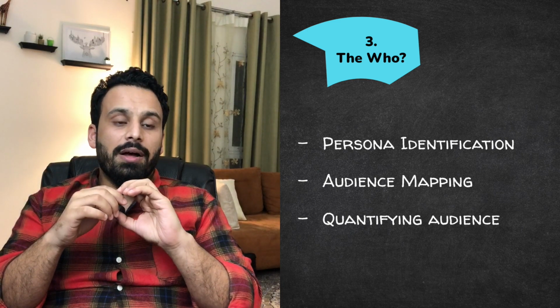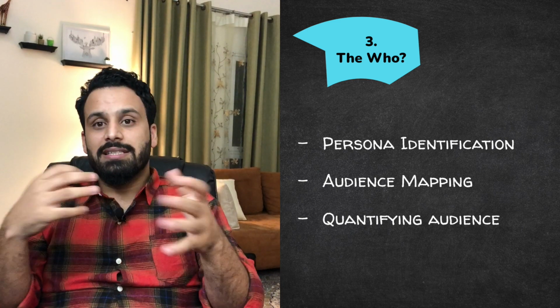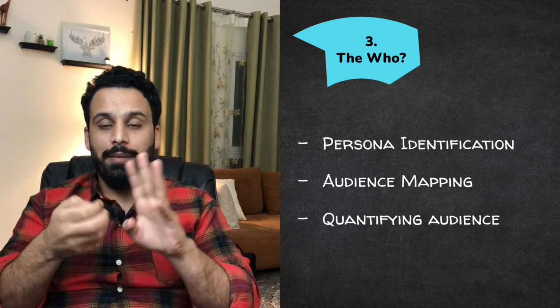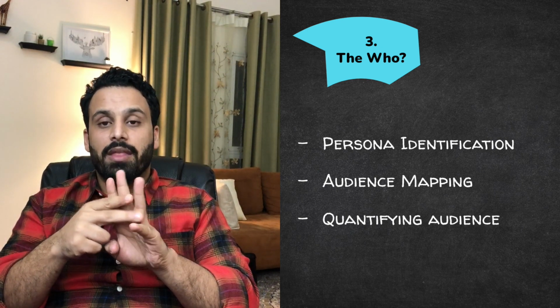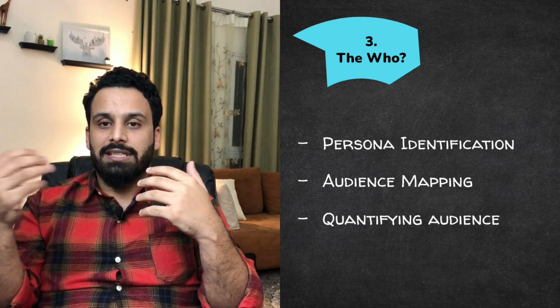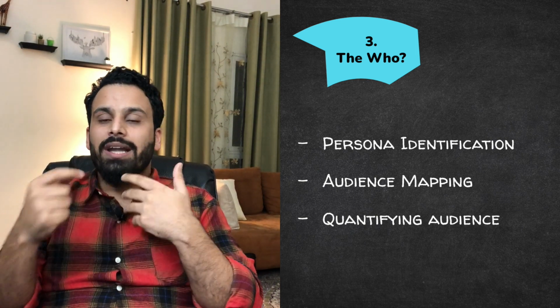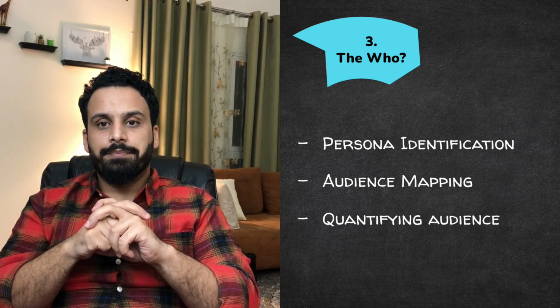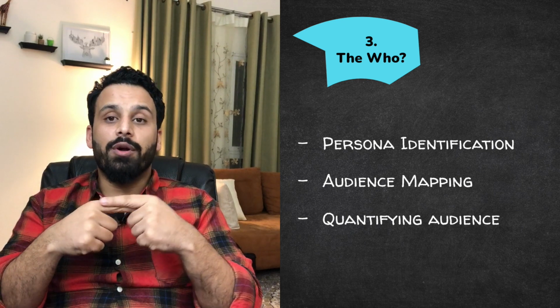Now, understanding the who means audience analysis, and to do audience analysis, you need three primary things. One is persona identification. You need to understand, for example, for our dental clinic, what kind of people come there, which I will show you in the slides. You also need to do audience mapping.